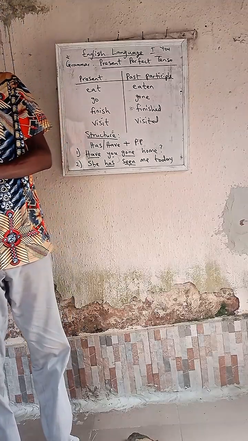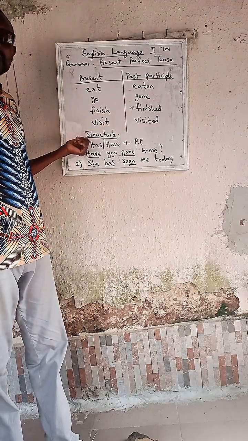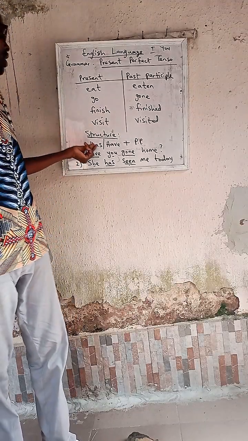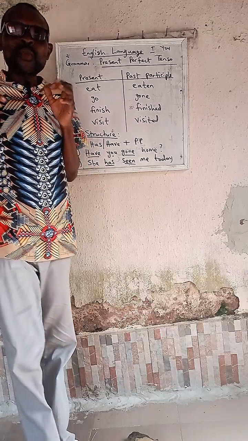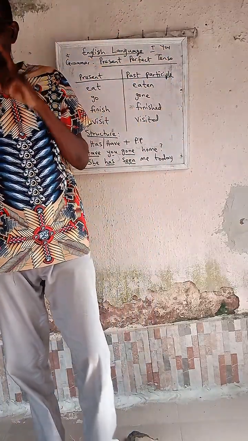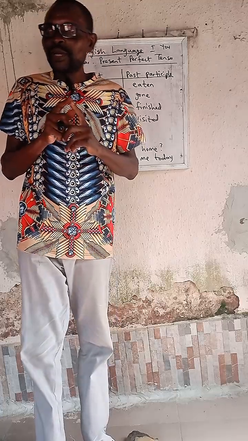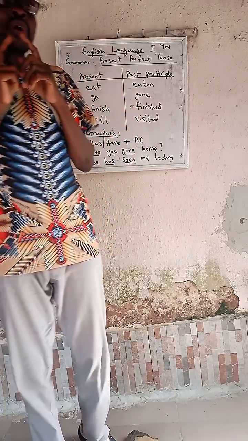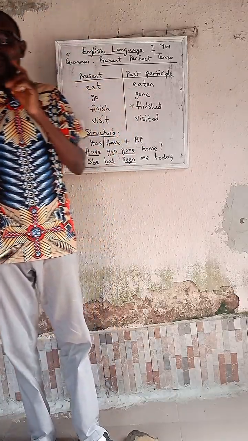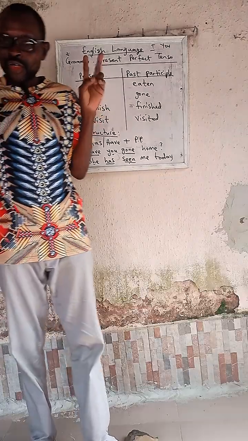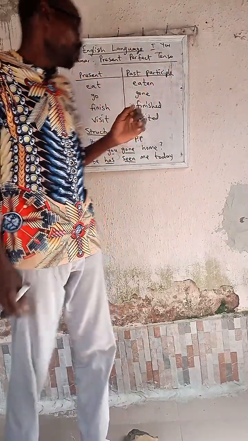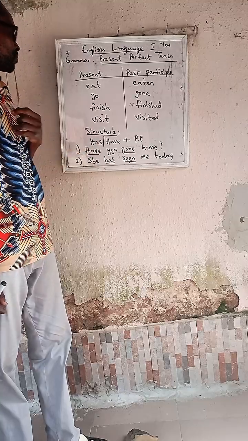She has done it. So when you're making use of singular subject, you make use of has. But when you're making use of the first person pronoun I, or second person pronoun you, or plural subject like we, they, or name of two or more people, maybe Sarah and Brown, you make use of have.